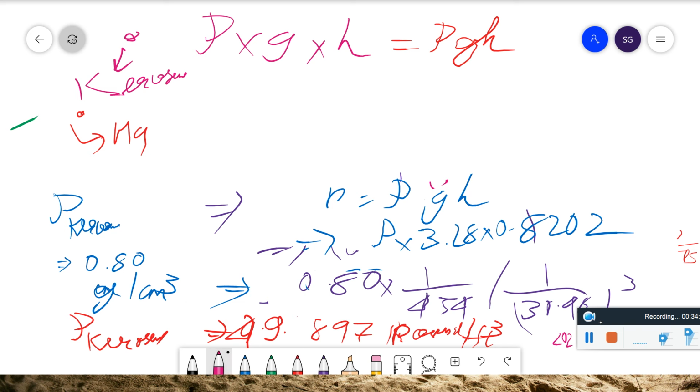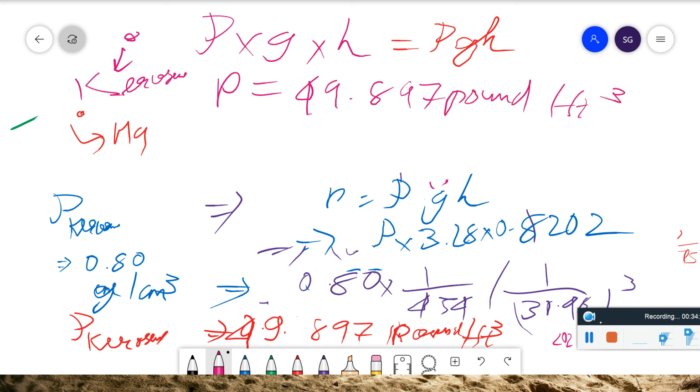So we already got P as 49.897 pounds per foot cube. Now we have to equate with this, that was the kerosene one.